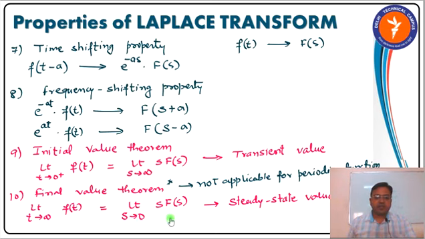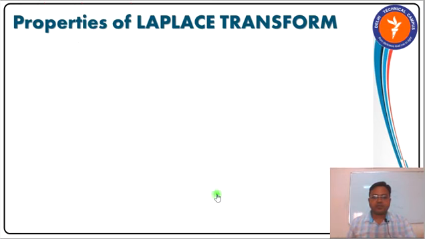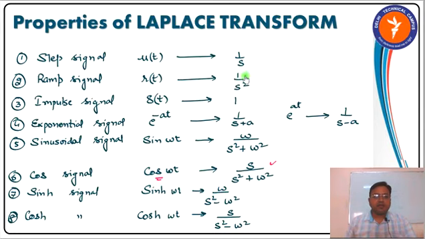Now this will give us the steady state value. But this final value theorem is applicable for non-periodic functions only. If we have a periodic function, then this is not applicable.